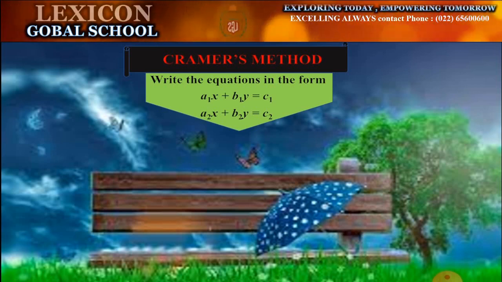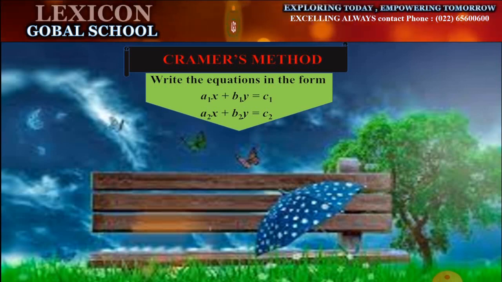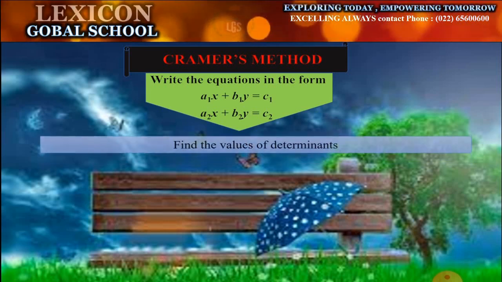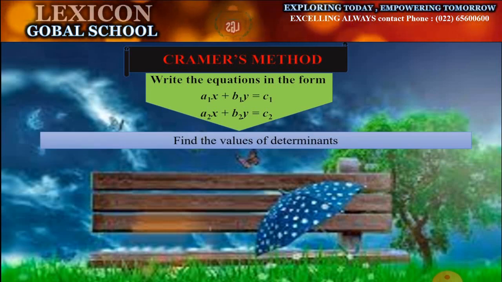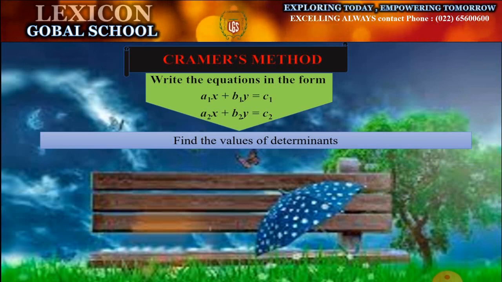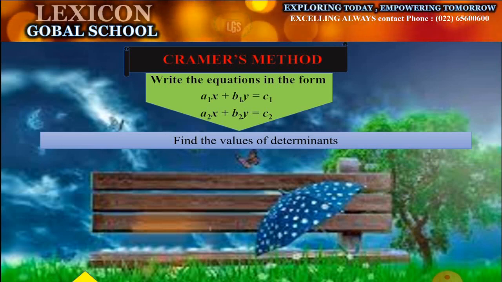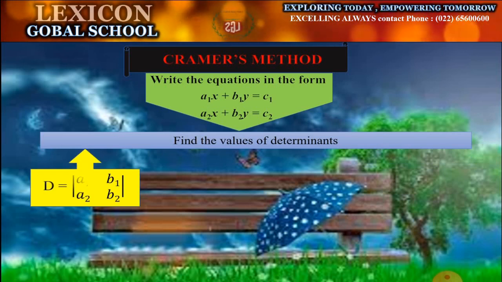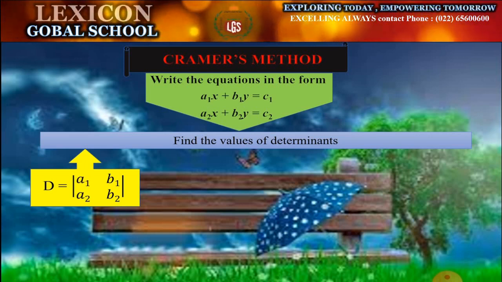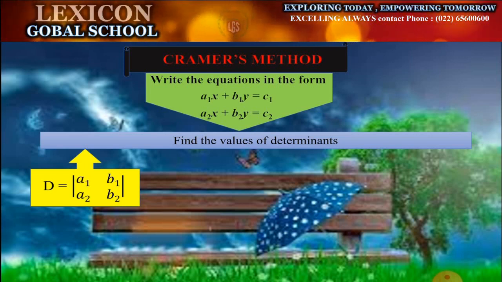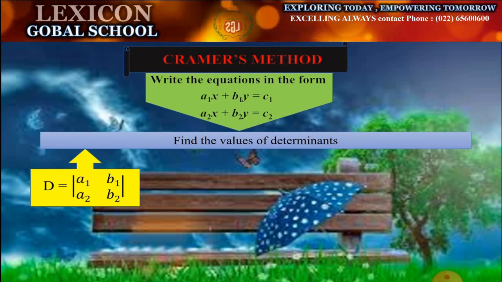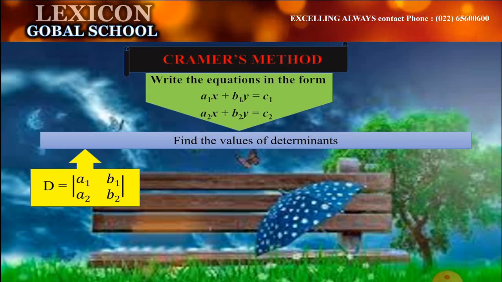Once we have written the equations in the standard form, we need to find out the value of the determinants. How do you find out the values of determinant? We have a formula. So to find the value of determinant, that is D, we need to take coefficients of x and y.